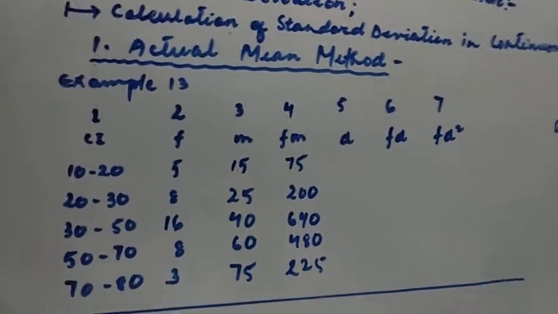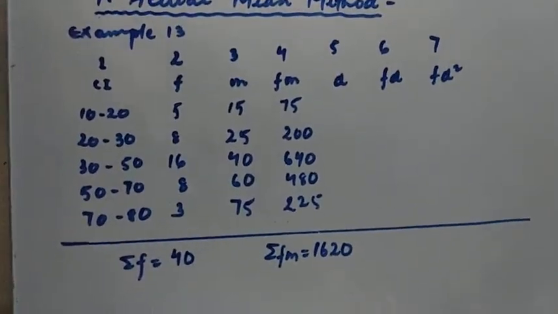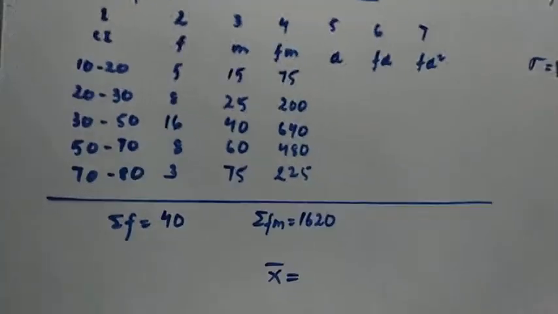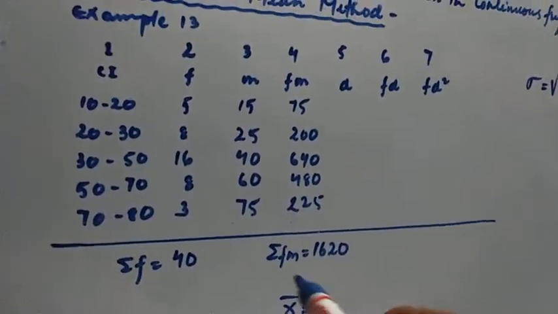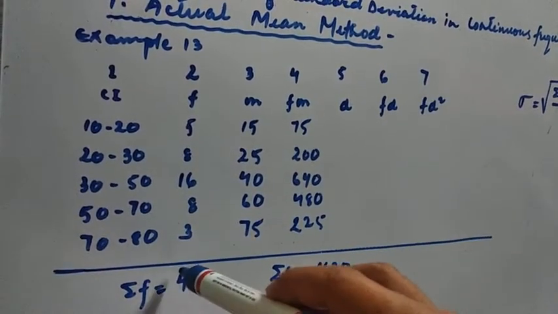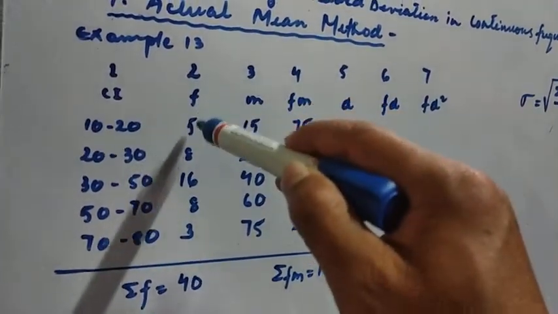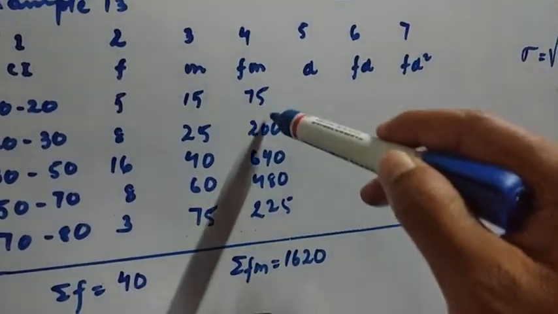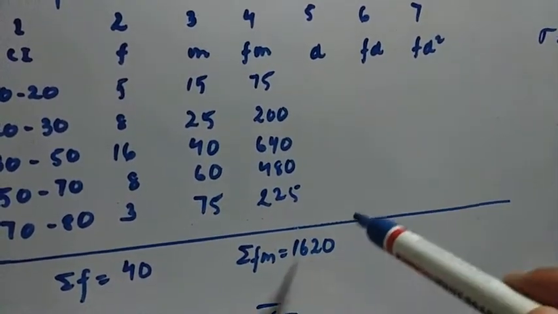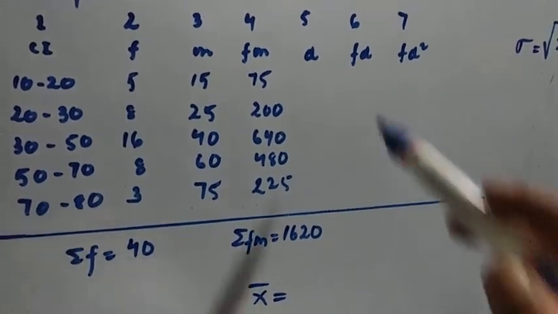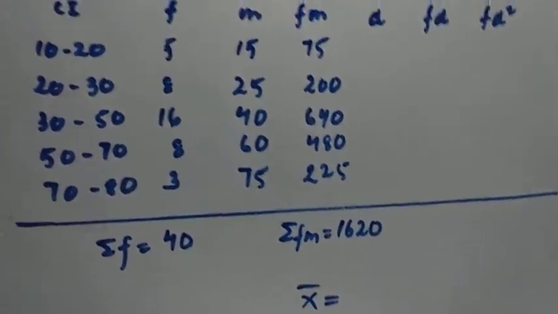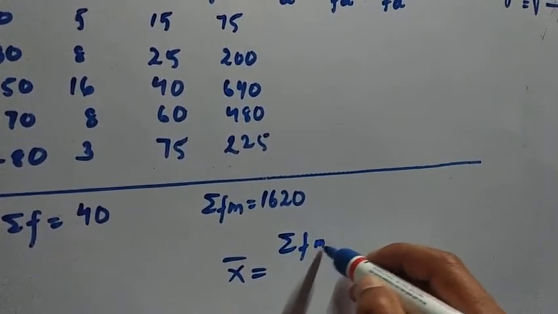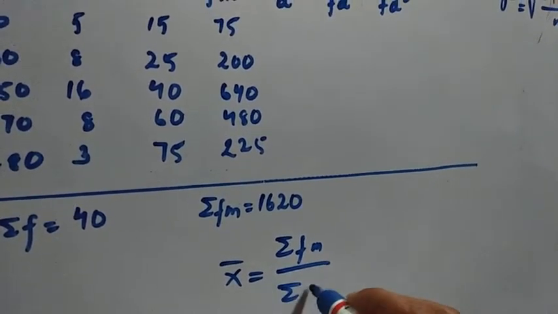To find d, you will need x bar. To find x bar, you have to find summation f. Summation f is 40; you sum up all this and you get 40. Summation fm, you sum up all this and you get 1620. X bar is summation fm divided by summation f.